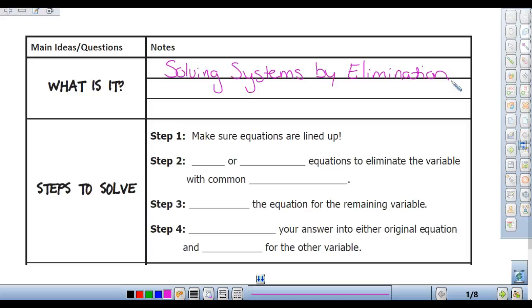Every once in a while, you will see this called linear combination. Okay, I usually use elimination, but sometimes in certain books and some teachers will call it linear combination. So I want you to know that those are the same thing.